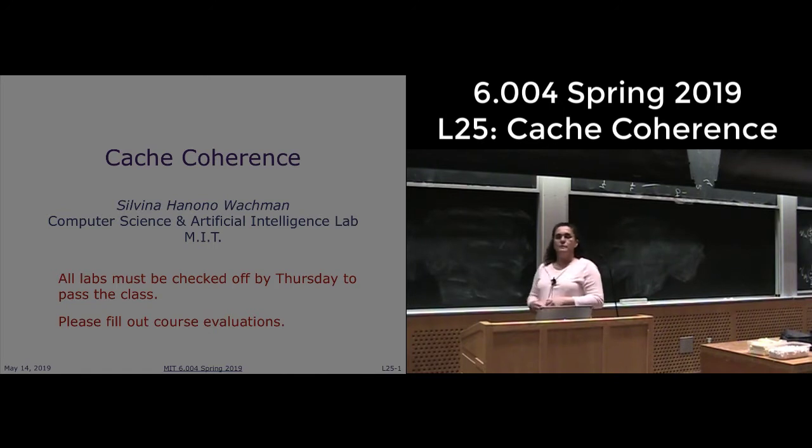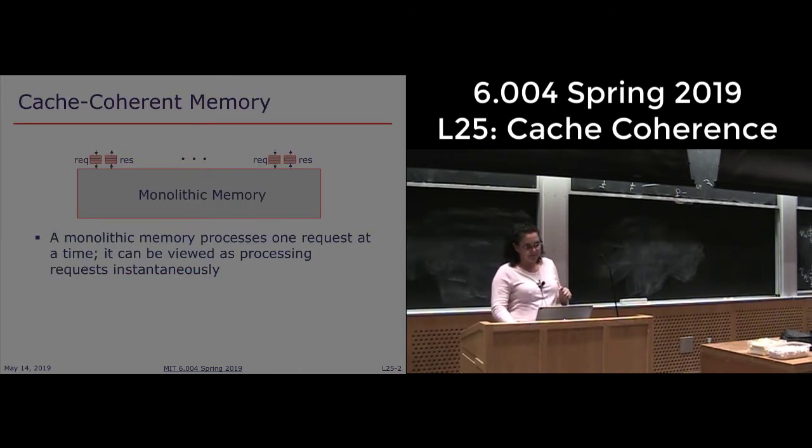What we talked about two lectures ago was that as you start to have multiple processes that want to share the same pieces of data, we had to introduce synchronization as a mechanism of making sure that the communication between them is safe. And today we're going to take that a step further and learn about what it means to have cache coherence.